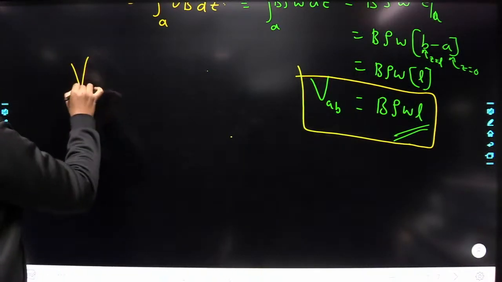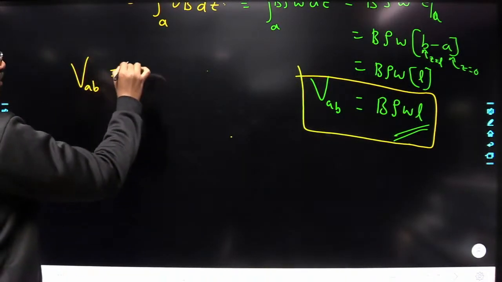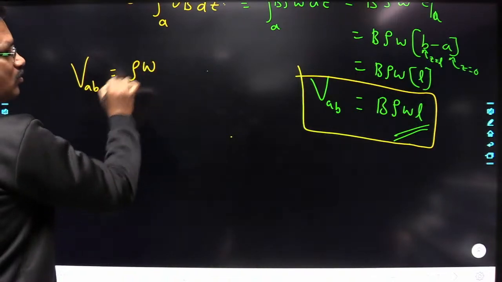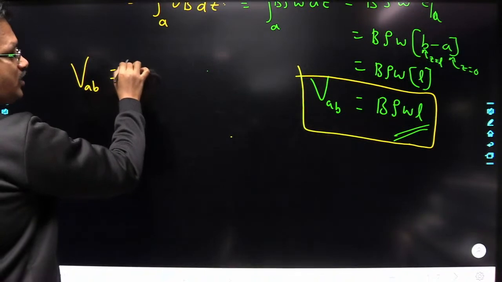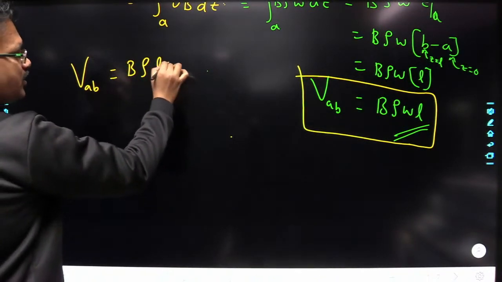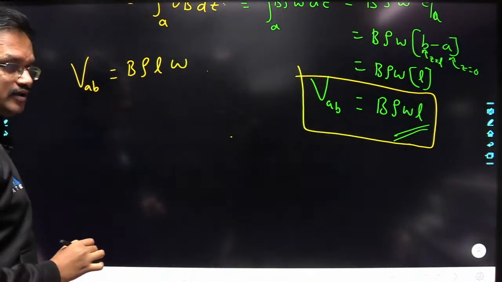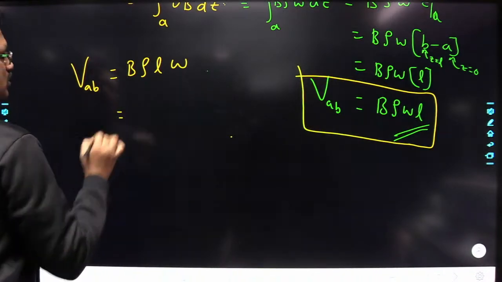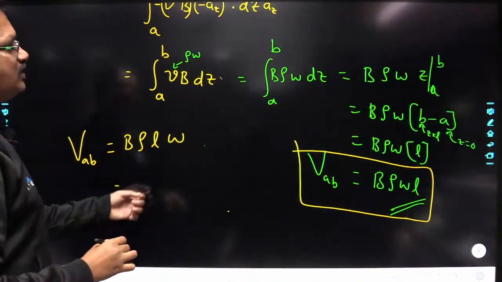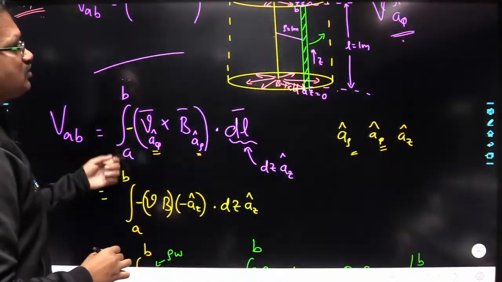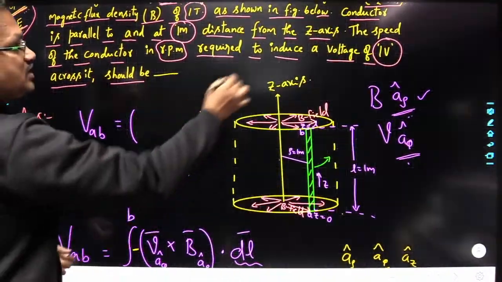So we got V_AB is equal to B into rho into L into omega, right? Now they have given the potential as 1 volt.